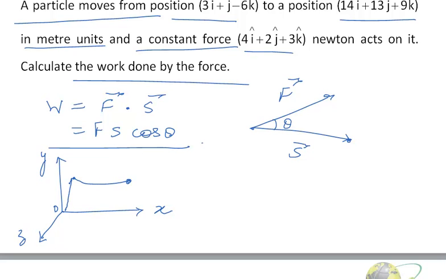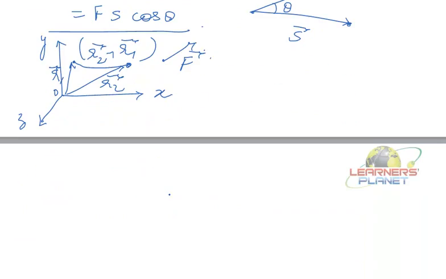Its position vector R1 is there, then R2 is this one. So the displacement will be given by R2 minus R1, and some force F was acting on this. Now we have to find out F dot S, which is equal to F dot (R2 minus R1).